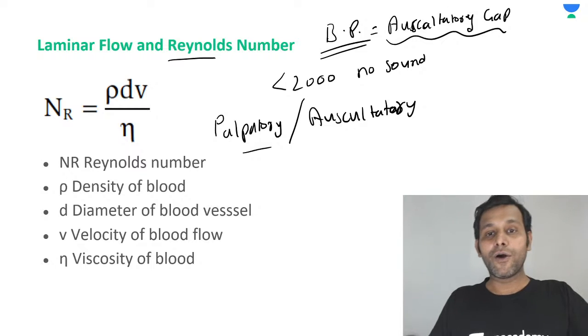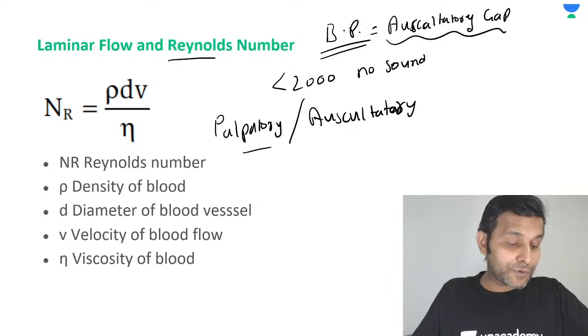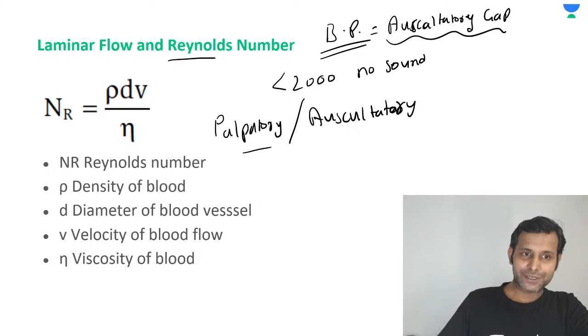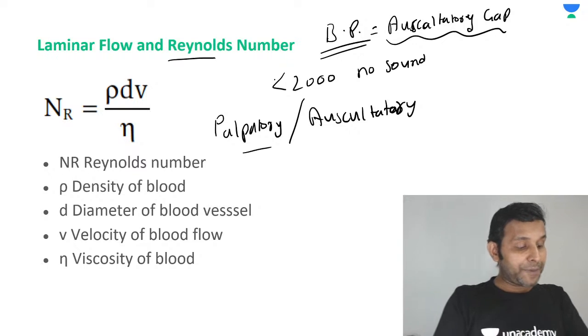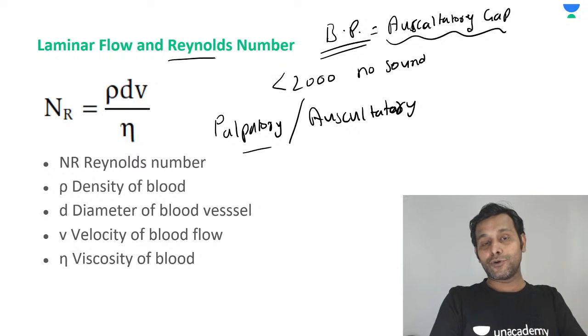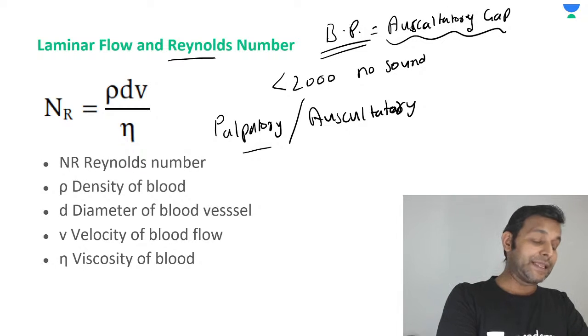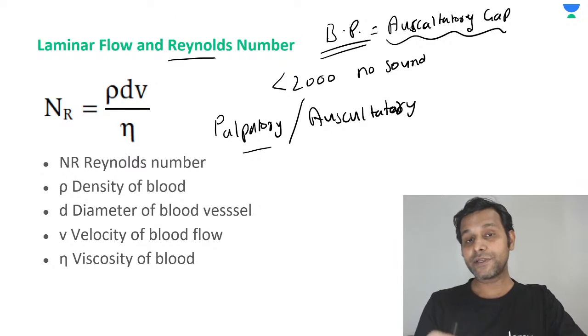To avoid the auscultatory gap or silent gap, you always go for the palpatory method first and then auscultatory. Very good, Dr. Ananya. So why? Because in the palpatory method you can still feel the flow even if you don't hear the sound, and that confirms that the arteries have not occluded. See, blood pressure depends upon what?